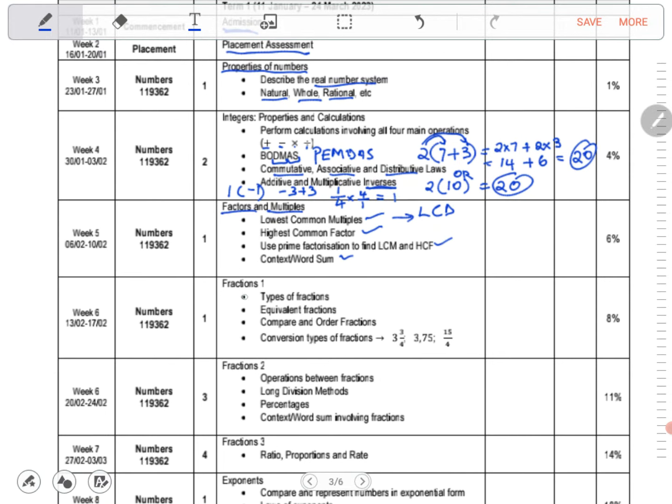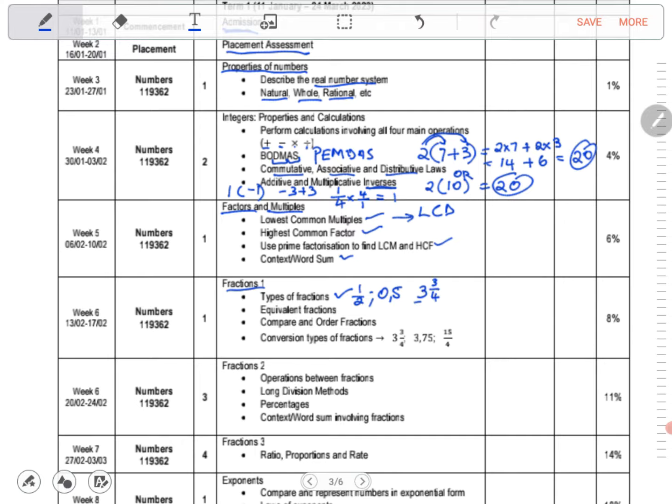What follows after that can be fractions. Okay, with fractions, we will deal with different types of fractions, such as your common fraction of 1 over 2, for instance, or it can be 0.5, which is a decimal fraction. All right, and you can also have things like the mixed fraction, where you have 3 and 3 over 4.